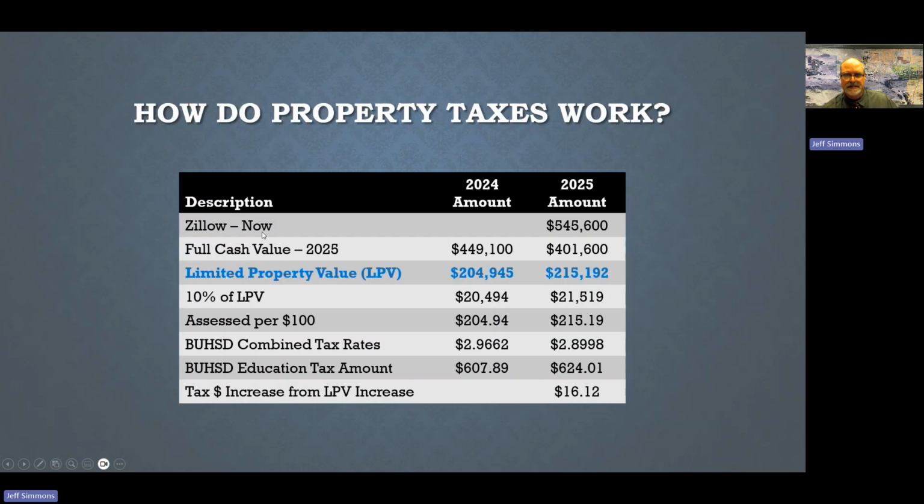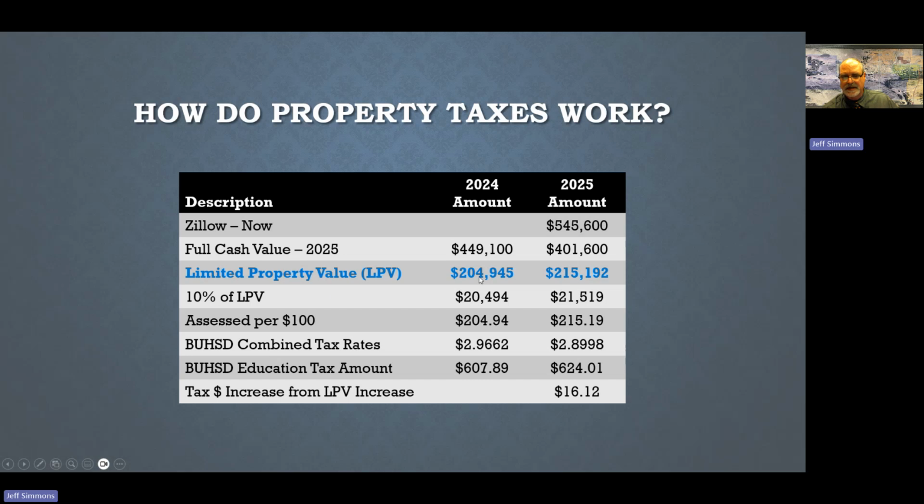So how this works is the Zillow value, or the value that you could resell your house for, is estimated for this property at $545,600 when I looked it up. The full cash value, which is also on the statement and also set by the county assessor's office, is $401,600 for this year. It actually went down about $50,000, but the limited property value went up the 5%, like I mentioned, from 205 to 215.